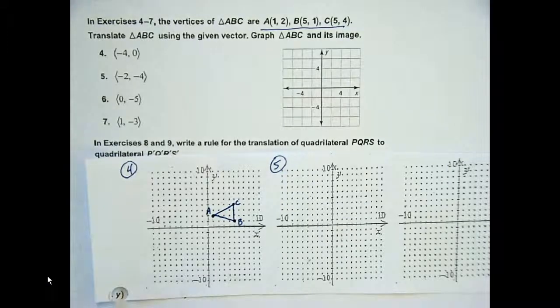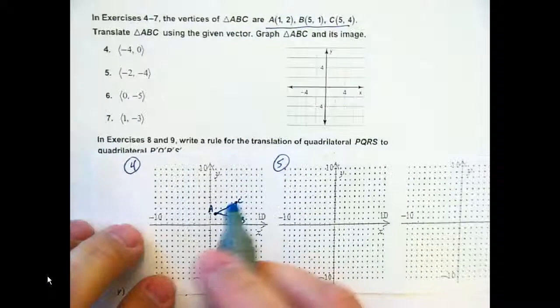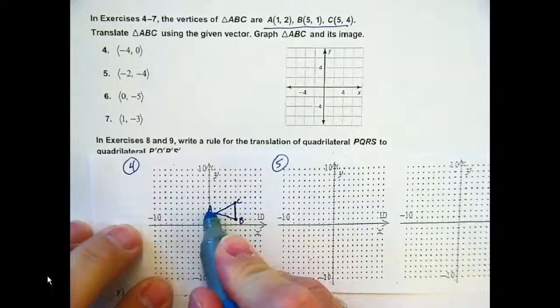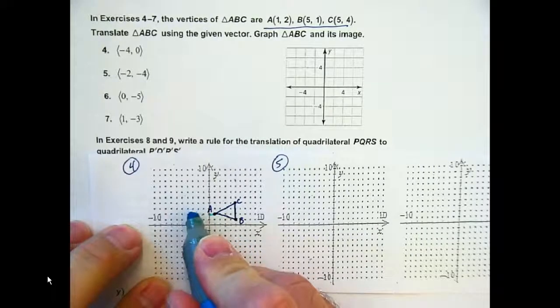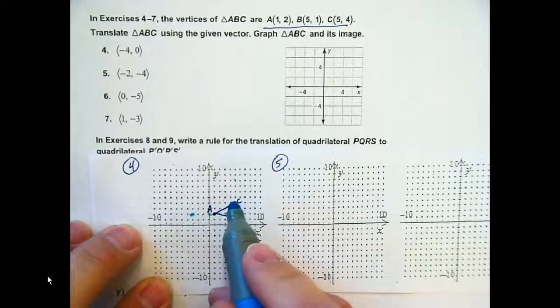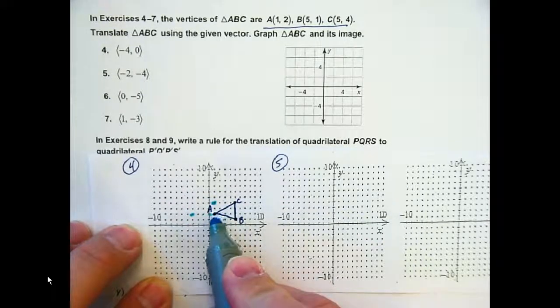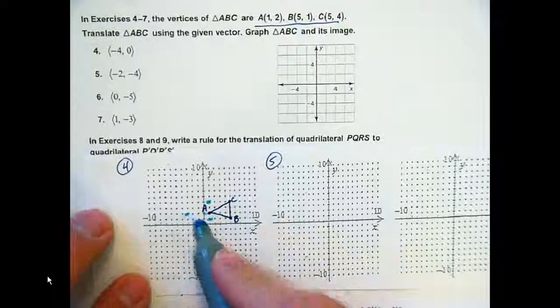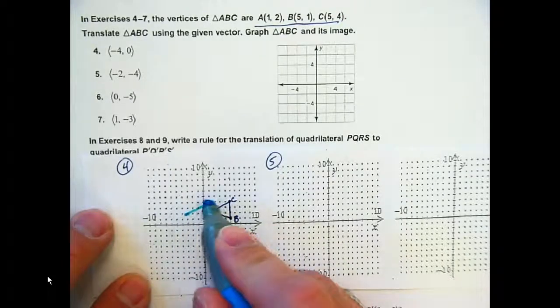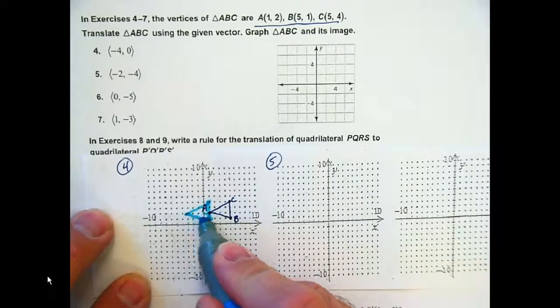All right, so we're going back 4 units on the x-axis. So 1, 2, 3, 4. 1, 2, 3, and 4. 2, 3, and 4. All right, so my new figure is right there.